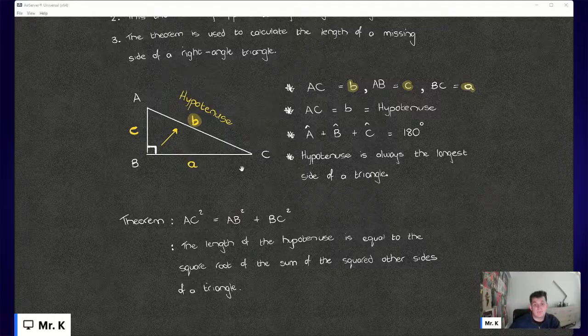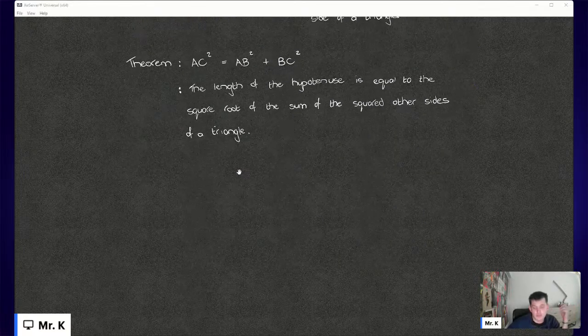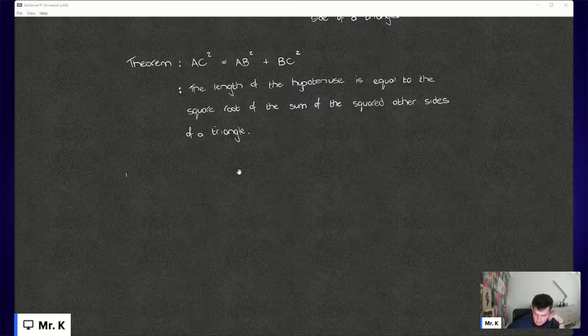So, again, this doesn't necessarily help us unless we write it out and use it in a few examples. So, there are three variations, and this is very important to remember. We know that the first variation is AC squared is equal to AB squared plus BC squared.